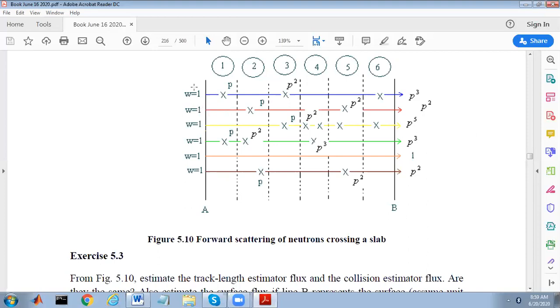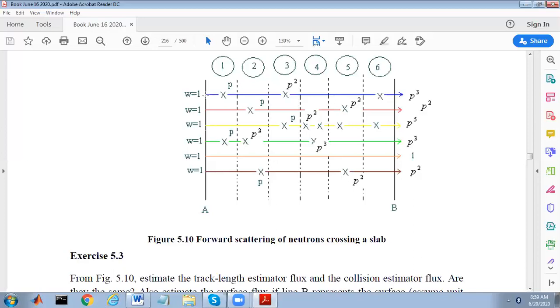If I start 6 histories over here, and I define 6 regions inside the slab, with the assumption that energy does not change in scatterings and scattering is only forward scattering. With these two basic assumptions, let's simulate this.